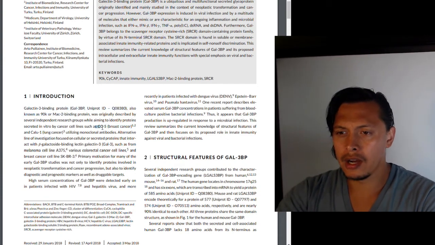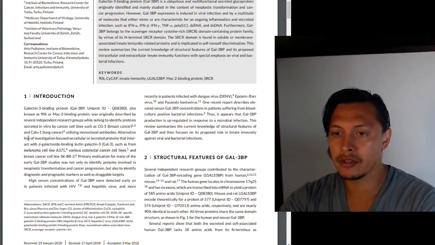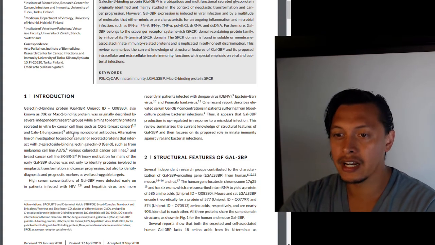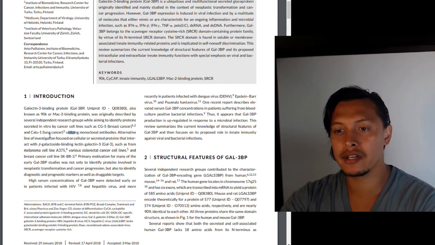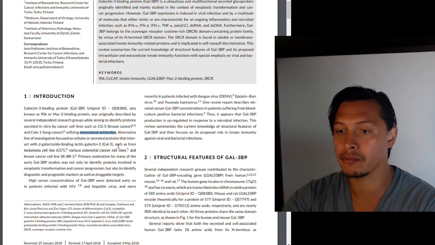So, anyway, CG5 would release more of this Galectin-3 binding protein, and there's also this Calu-1, which is a lung cancer. They identified this being secreted by these cancer cell lines utilizing monoclonal antibodies, so just using antibodies to discover whether or not a protein was present.